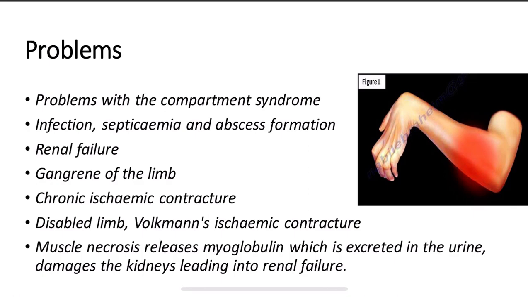Gangrene of the limb because of the ischemia, chronic ischemic contracture, disabled limb, Volkmann's ischemic contracture. So what is Volkmann's ischemic contracture? It is the deformity of the hand.